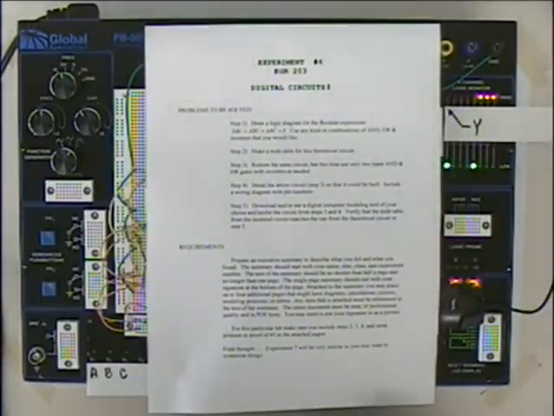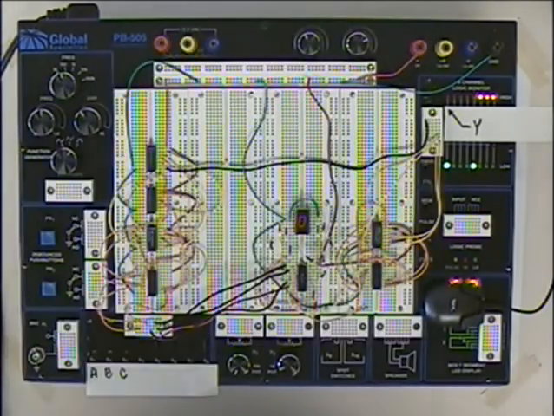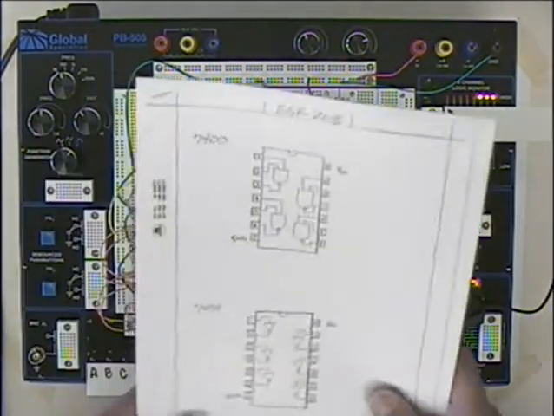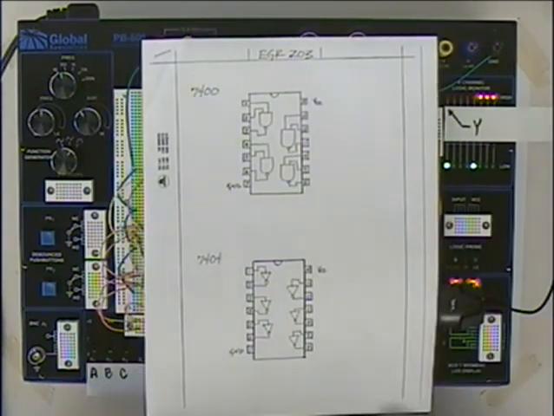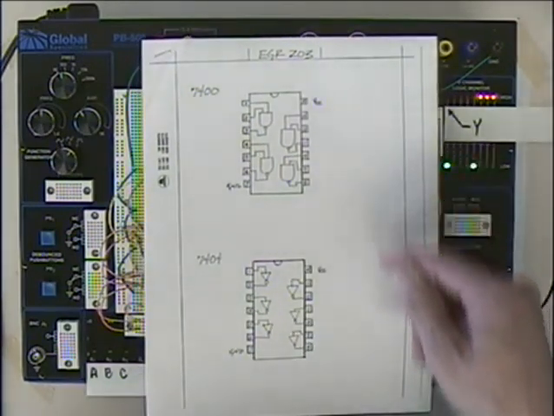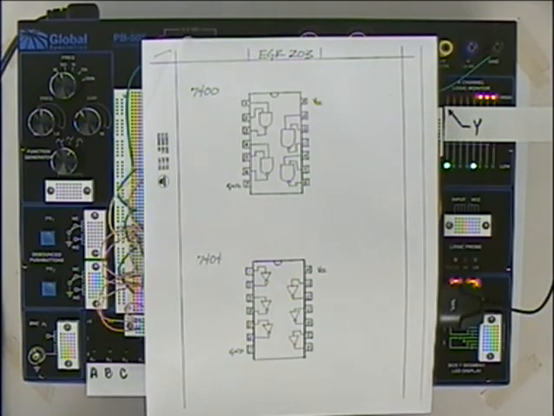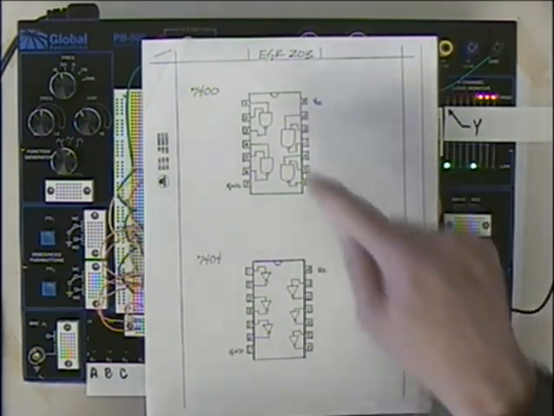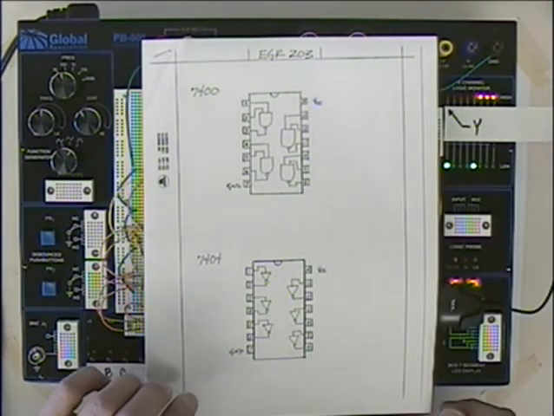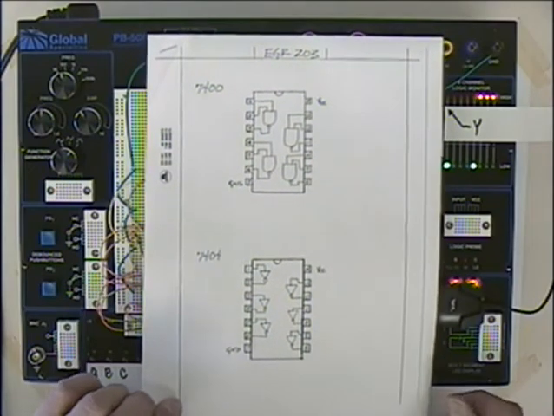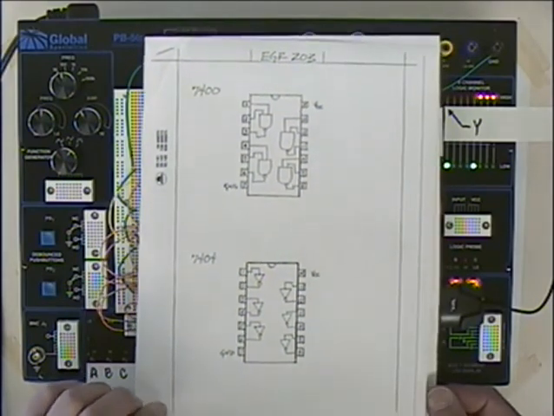Then you're asked to redraw the circuit, but this time using only 2 input AND and OR gates. So we're going to be trying to use some of these common gates here. If you go again to the lab subpage, you'll find a PDF titled Gates, and I've put these here. You've got the 7400, the universal NAND chip, the 7404, that is the inverter.